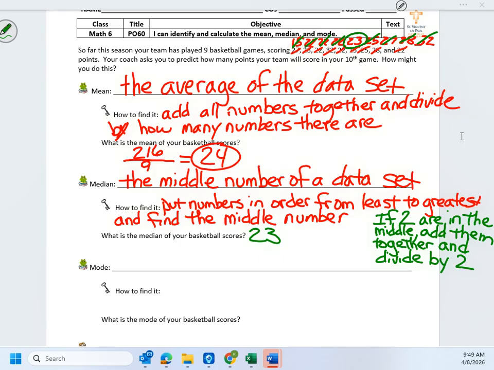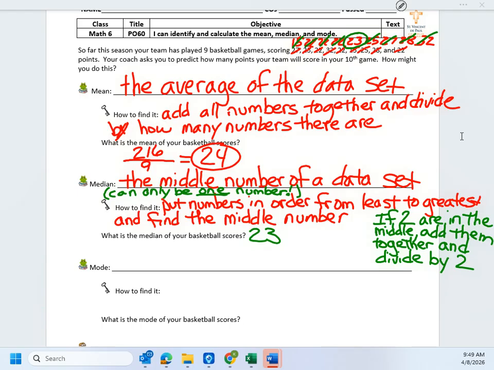Okay? Does that make sense? So if you need to write it, it can only be one number. Give yourself a note if you think you might forget that. Always, always, always, only one median.